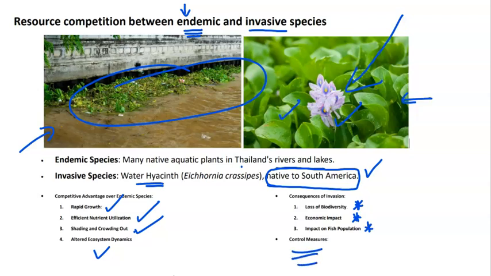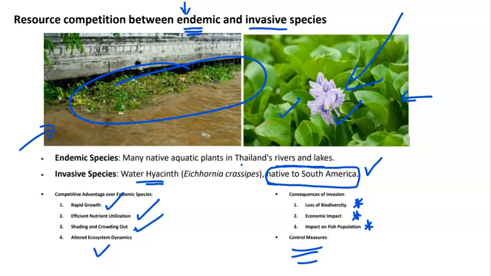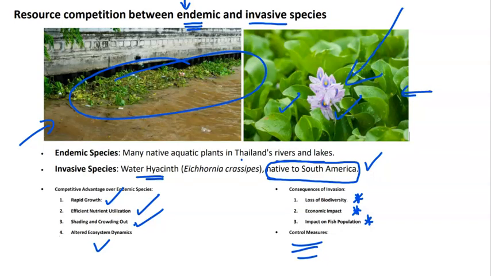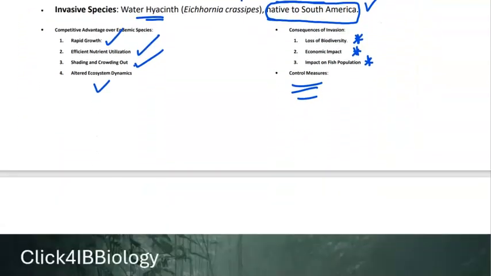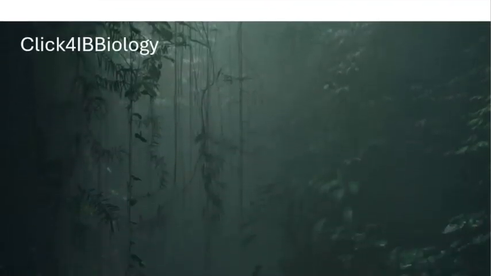Various control methods have been attempted and introduced, and we will study those as a later example of biological control. So that's two examples of mutualism and invasive species as examples of factors affecting community structure.